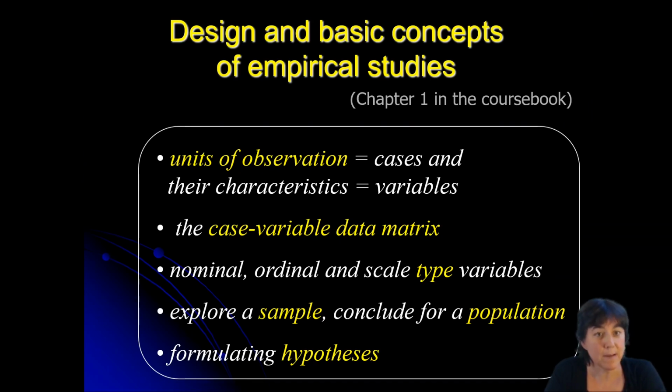There are some basic concepts we will have to learn and understand and then use in order to make useful designs and empirical study plans. The very first and very important is the unit of observation.